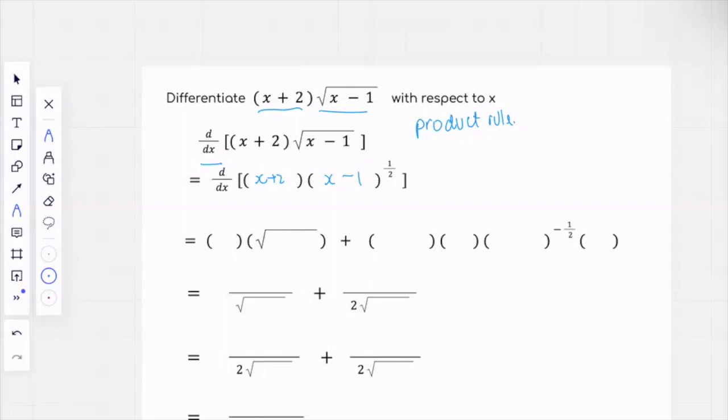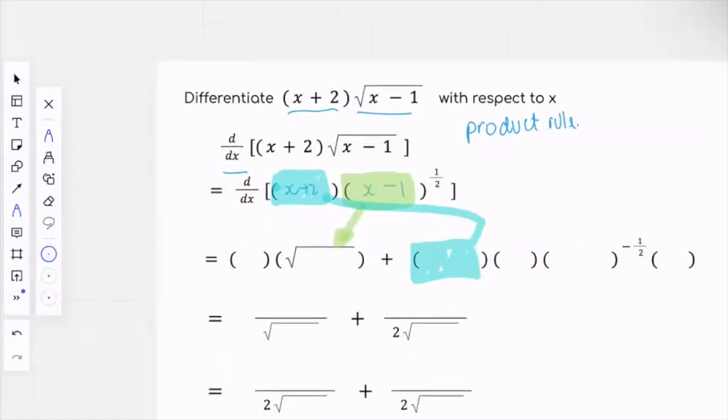Then what do we do? We copy each factor here. Then x plus 2, we copy that, and we write down here square root of x minus 1.